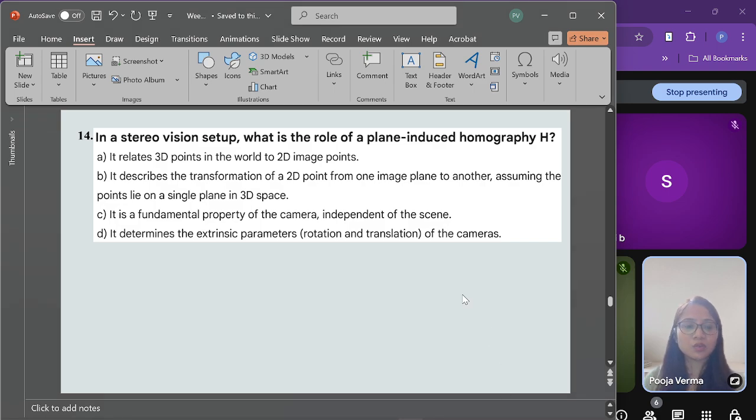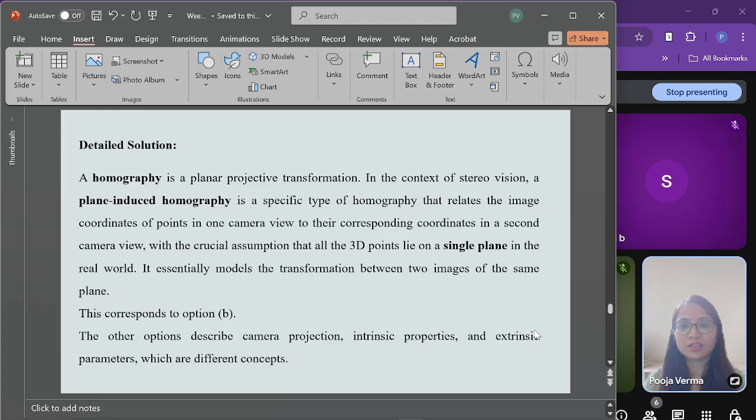Okay, B. So the role of plane induced homography H: a homography is a planar projective transformation. In the context of stereo vision, a plane induced homography is a specific type of homography that relates image coordinates of a point in one camera view to the corresponding coordinates in a second camera view, with the crucial assumption that the 3D point lies on a single plane in the real world.